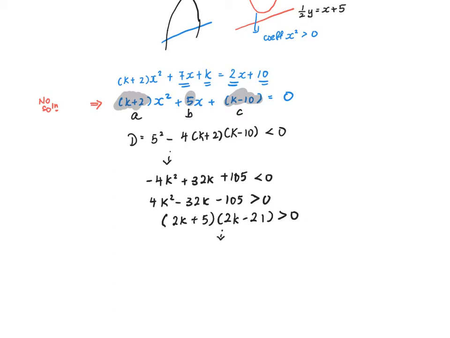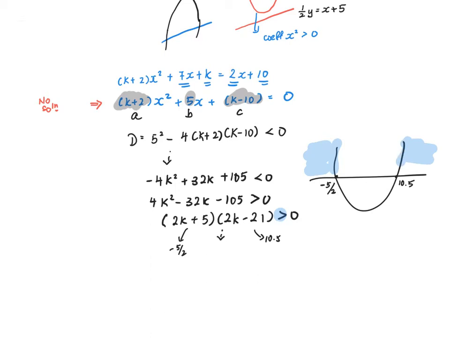I just draw the graph. This will give you the answers minus 5 over 2 and 10.5. It is a happy face because the coefficient of k squared is positive, so you want the region above the axis, this portion and this portion, where it is positive.